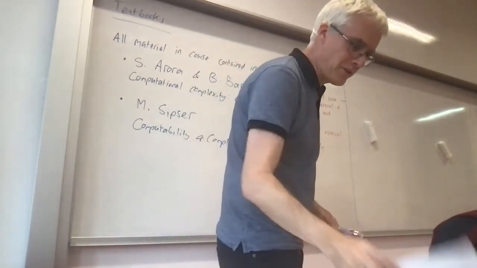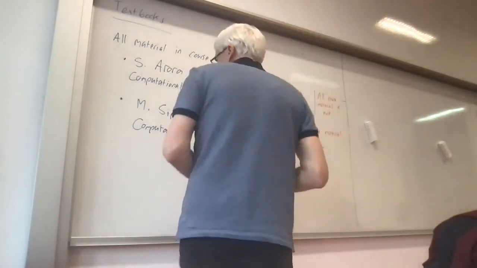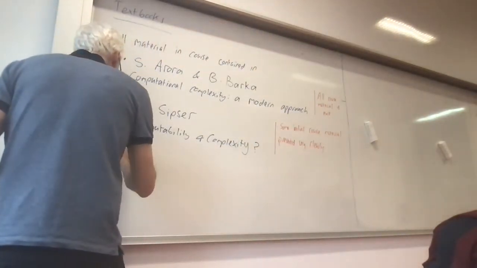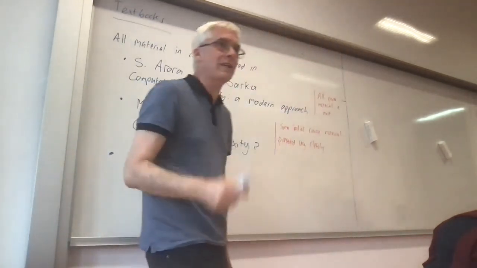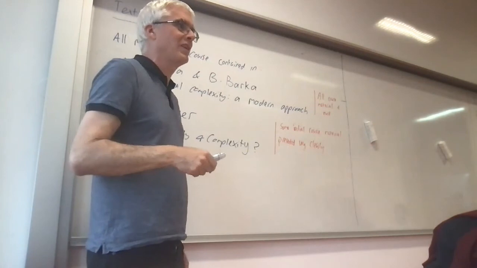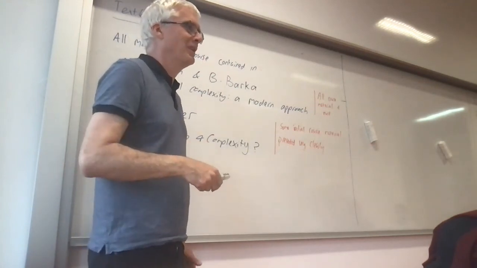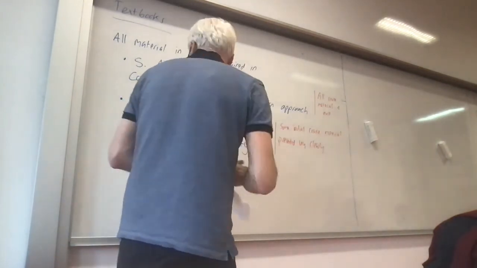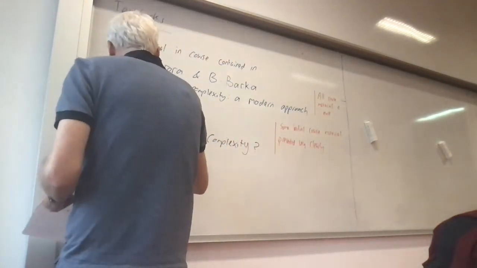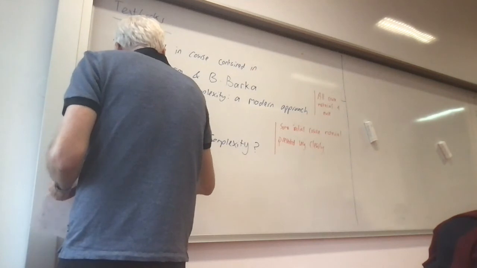And the third book I want to recommend is not a textbook. It's somewhere between a popular science book and a textbook. I've never seen a book like it, really. It's called Mathematics and Computation.